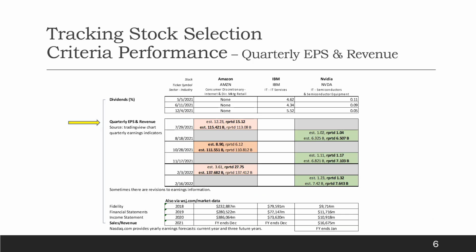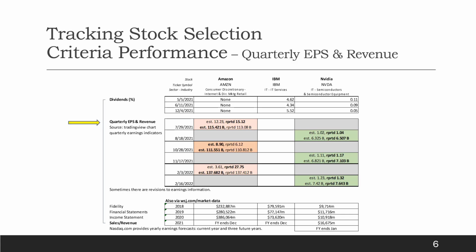I am going back to Lecture 4, Track Stock Selection Criteria Performance over Time, which was our second pass at fundamental research for stocks. I'm opening the Excel file Stock Data Trends.